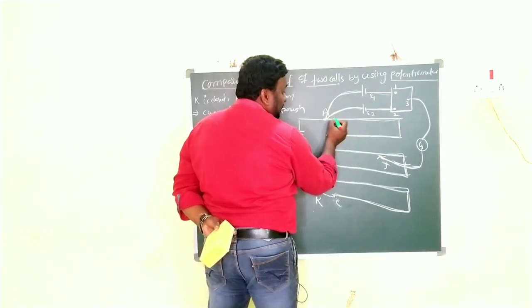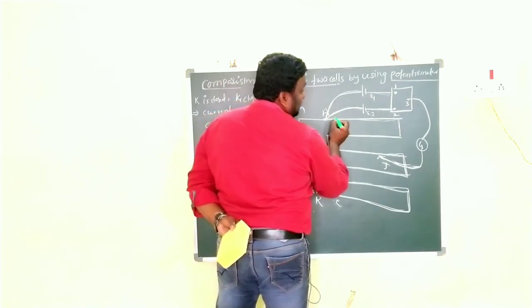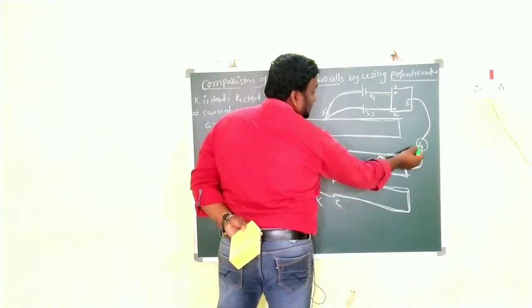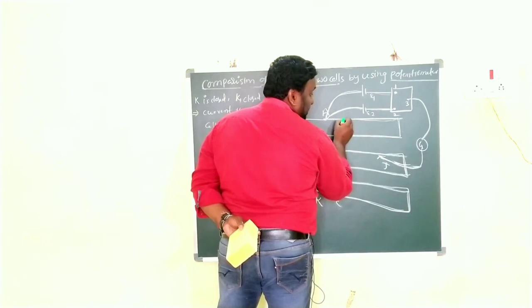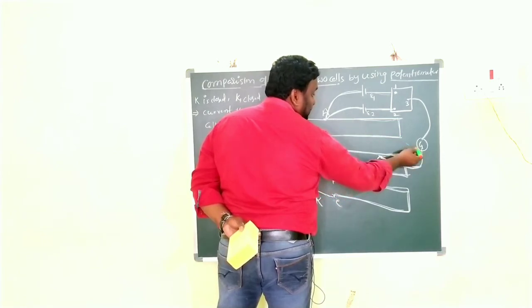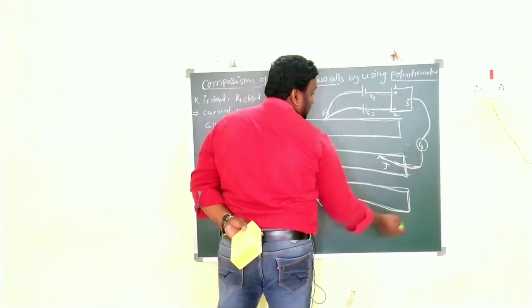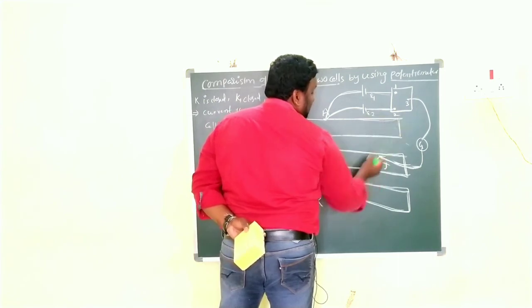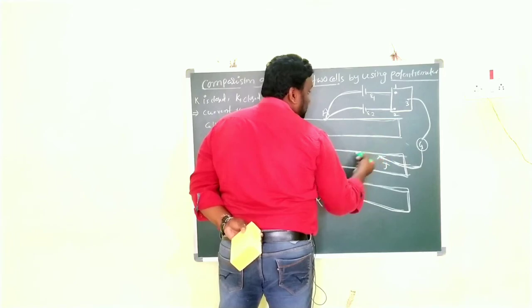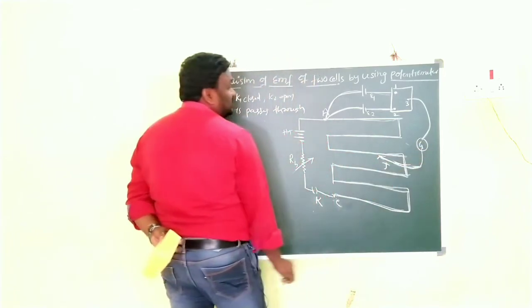After touching the wire with the jockey, we have to check whether the galvanometer shows 0 or a non-zero reading. Then we go to another place and again check whether the galvanometer shows 0 or something else. Like that, by changing the position of the jockey, we check the reading shown by the galvanometer.